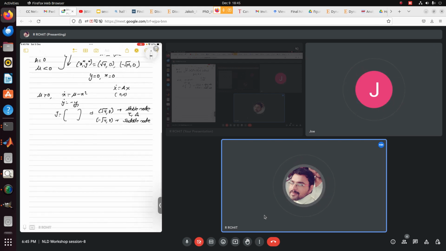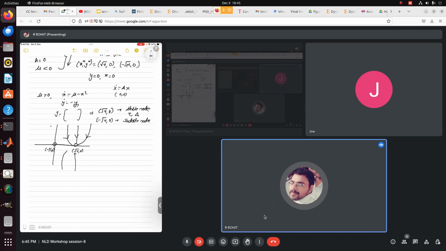So if you are plotting that, you have two fixed points, here and here. This is root mu comma 0, and this is minus root mu comma 0. You see that this is a stable fixed point, a stable node. That means any point that starts anywhere will eventually come to this point.